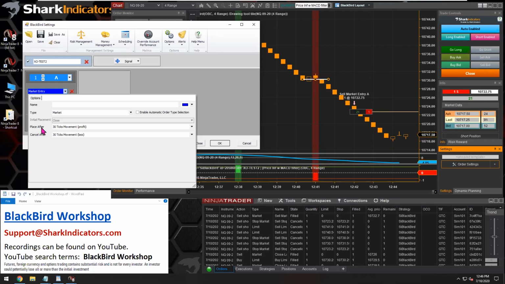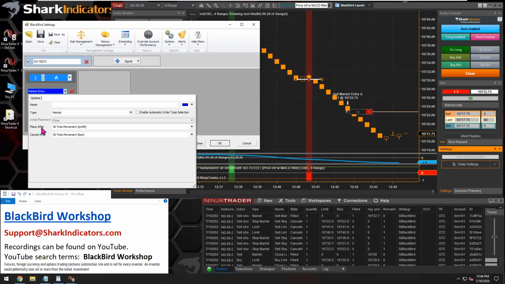He's using 2 Blackbirds, and he's trying to get them to place orders in opposite directions and create a hedging situation. BlackBird is not designed for hedging. Place after and cancel after aren't designed for hedging. They are literally designed for scaling in based on unique conditions, but scaling in without actually having a live order sitting out there on the market, right?